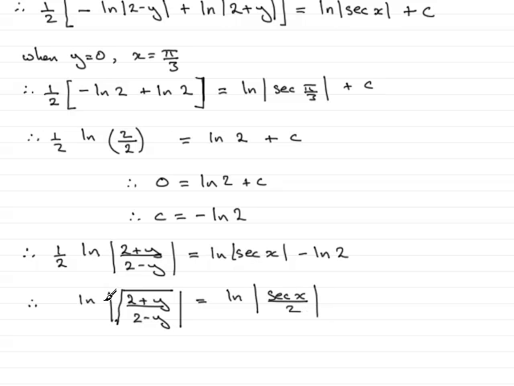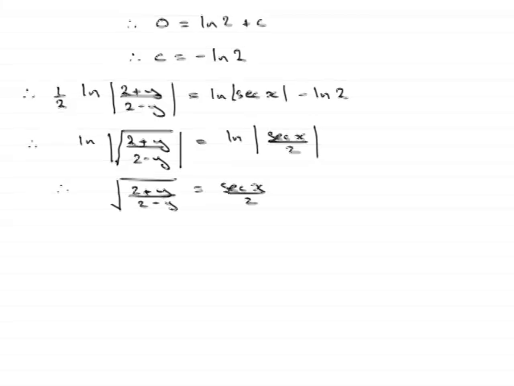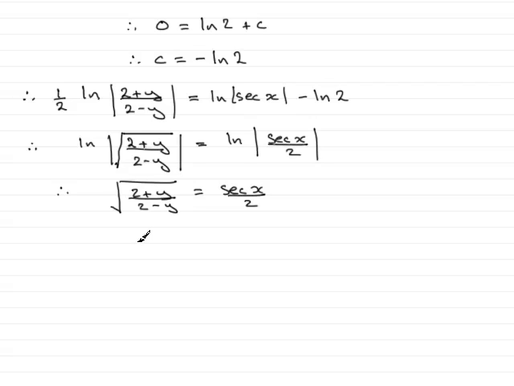Now because I've got natural log equals natural log, I can remove the logs and I get the square root of 2 plus y over 2 minus y equals sec x over 2. I can see I'm nearly there now to get sec x in terms of a function of y, or sec squared x we're asked actually.